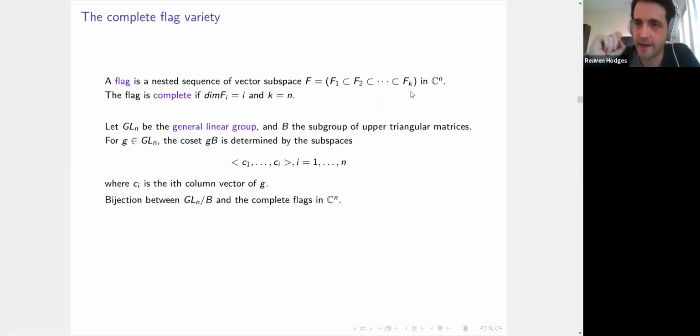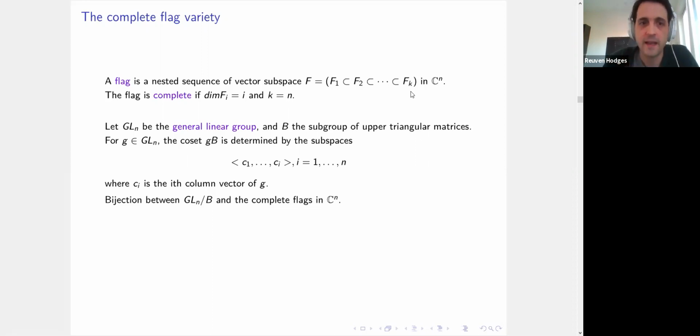That gives you some line. If you take the first 2 column vectors, and you think about the span of those, that gives you a plane. And in fact, your line is sitting inside of the plane. If you take the first 3, you have a 3-dimensional subspace that contains the plane, that contains the line. So this is in fact exactly giving you a flag associated to this coset.